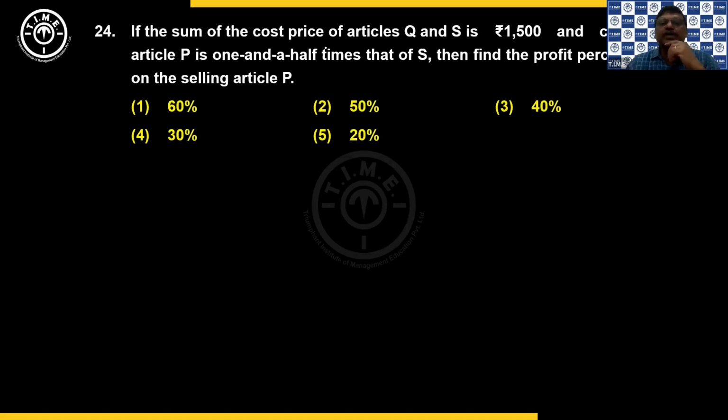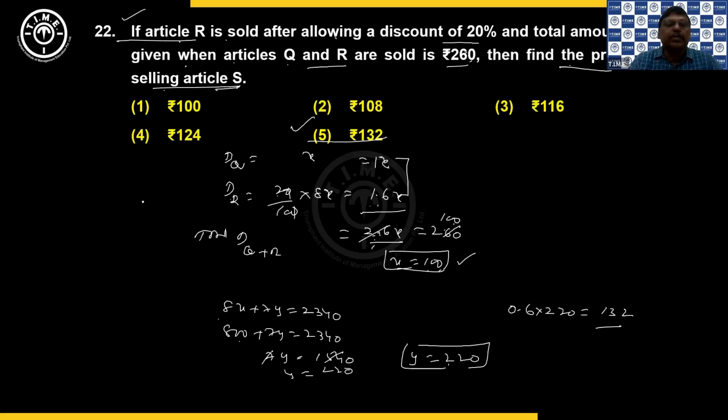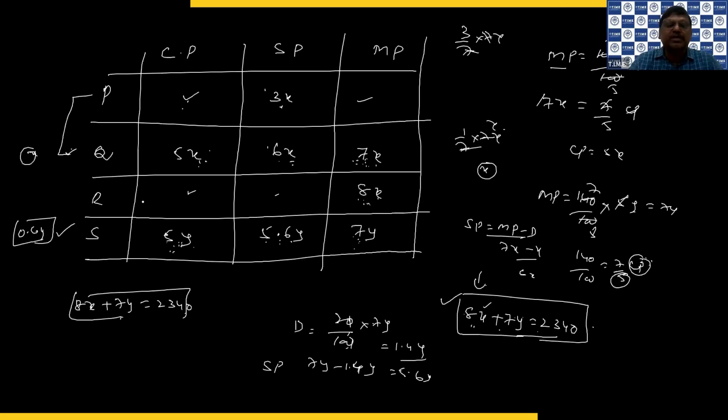If sum of the cost price of article Q and S is 1500 and the cost price of article P is 1.5 times of S. Okay, let's see, students. Sum of the cost price of articles Q and S is 1500. If you look at Q and S, cost prices are what? 5x and 5y.